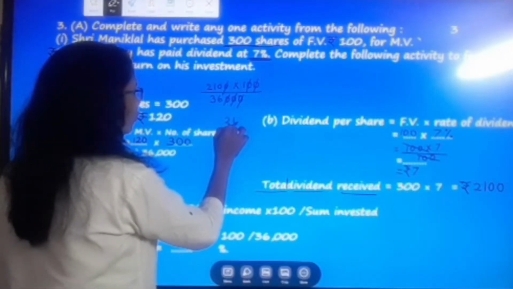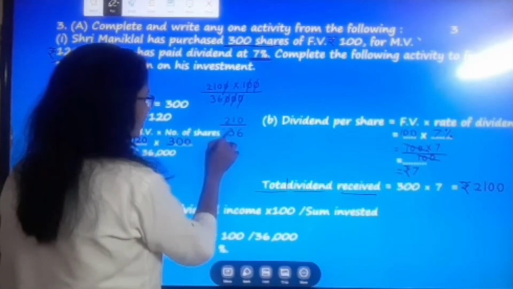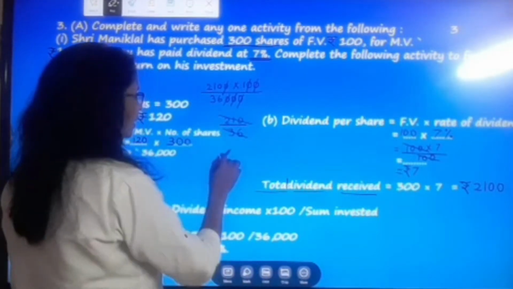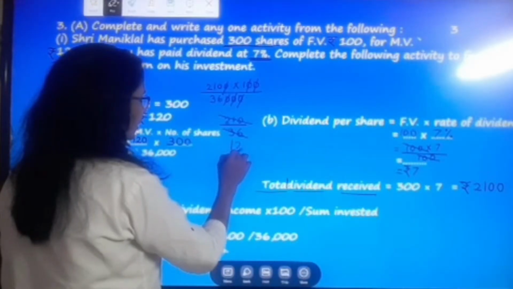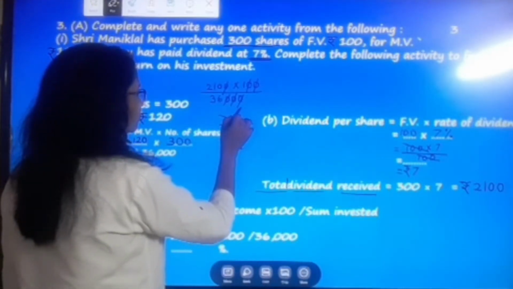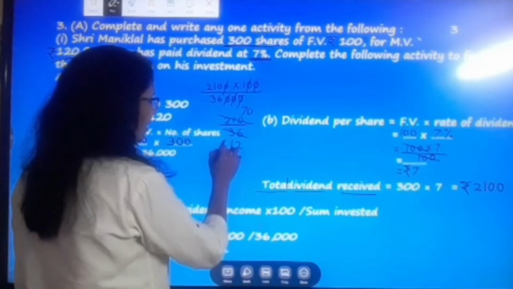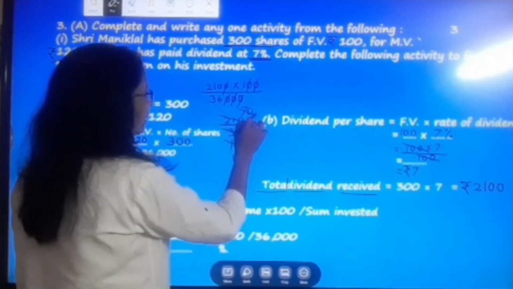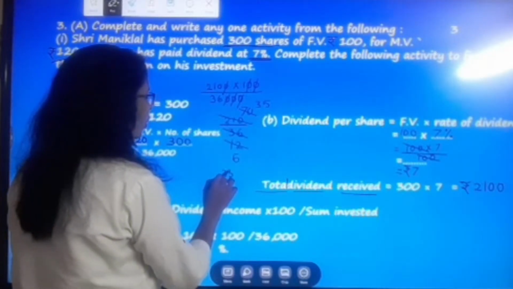Then 210 upon 36. Here 3 ones are 3, 3 twos are 6. Then 3 sevens are 21 and here 7. Then 2 sixes are 12. Then 35 upon 6.